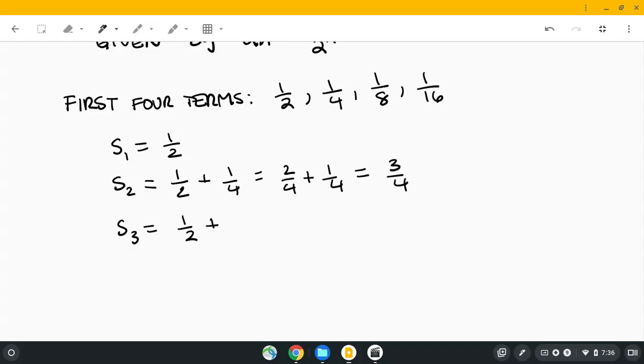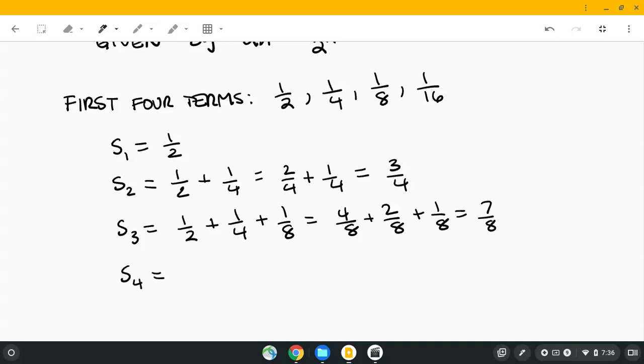So that's 1 half plus 1 fourth plus 1 eighth. So we need the LCD, which is 8. And so we get 7 over 8 here.